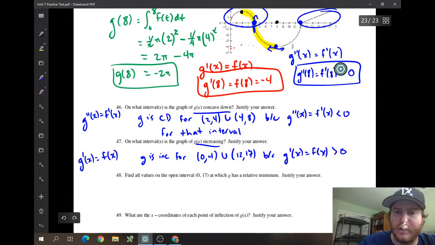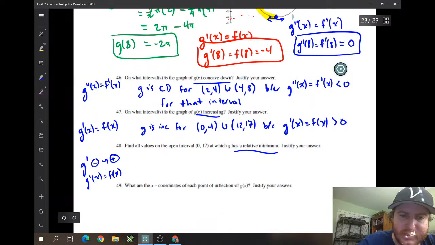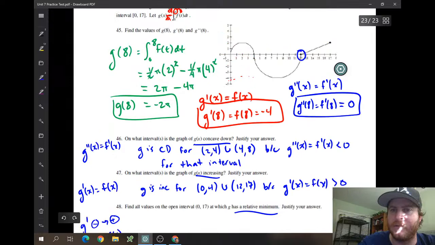And then find all values where g of x has a relative minimum. Where do we get relative minimums? When g prime changes from negative to positive. Well, g prime of x is equal to f of x, so we want to know where f of x changes from negative to positive. So where on this graph did f of x change from a negative value to a positive value? It only happened one time. F of x changed from negative to positive at x equals 12.